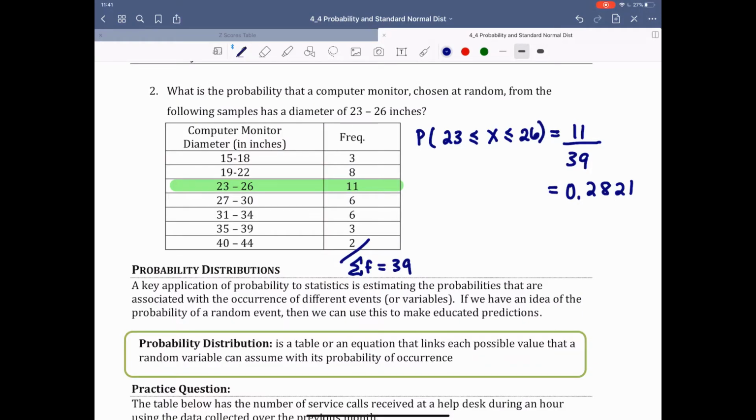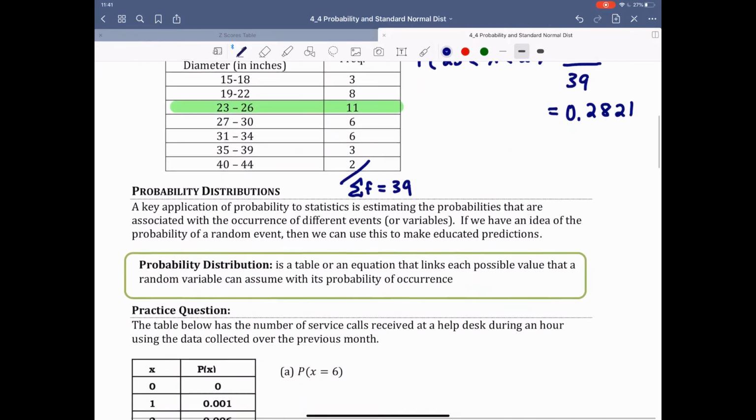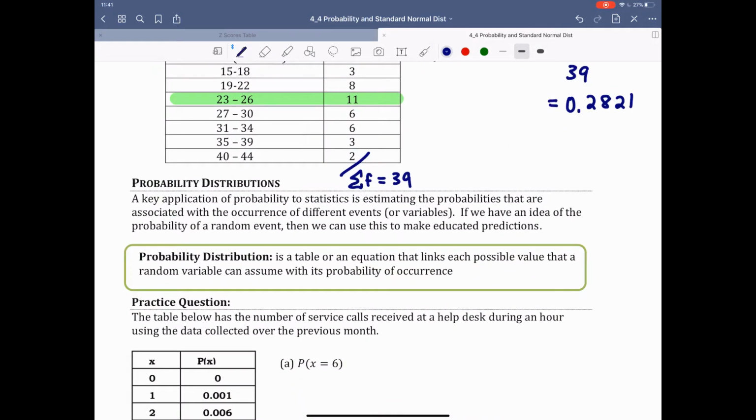Okay, so probability distributions. It's a key application of probability to statistics is estimating the probabilities that are associated with the occurrence of different events occurring. And if we have an idea of the probability of a random event, then we can use it to make educated predictions. Okay, in the first problem that we looked at in the practice problems, the numbers were equally likely to occur.